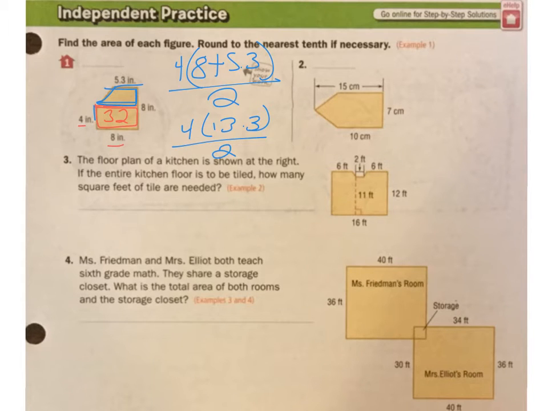When I do that, 13.3 times 4 equals 53.2 divided by 2 equals 26.6. So this right here is 26.6.